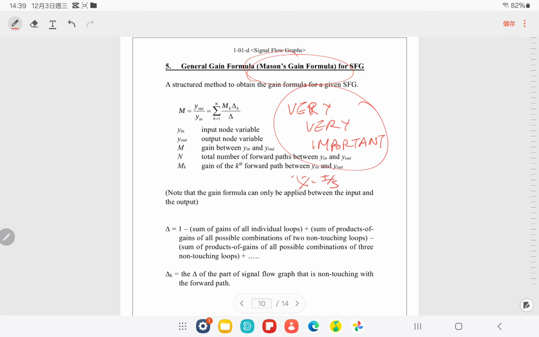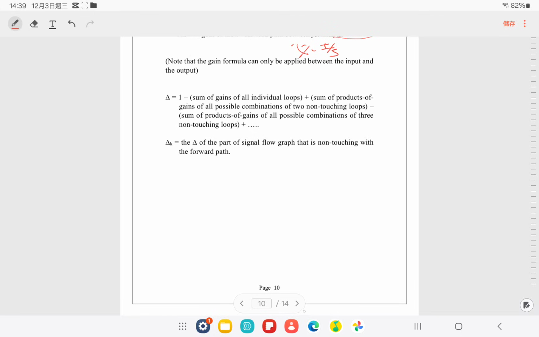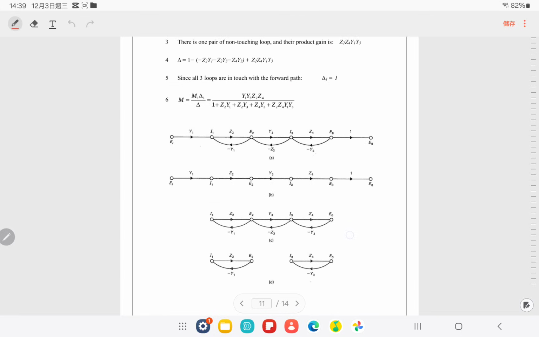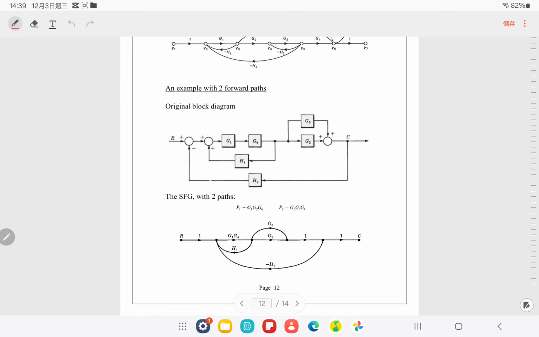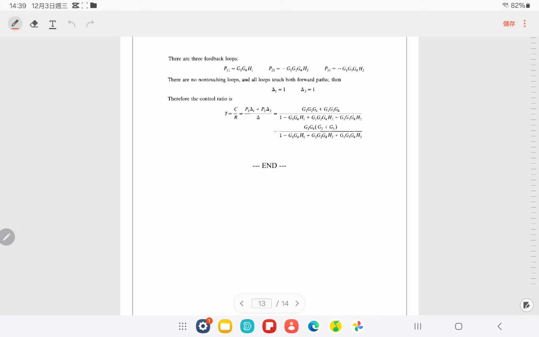Alright, that's all I want to say about this, so you know what to do. Go through the examples like this one, all these examples. Right, so this is the end of the signal flow graph.